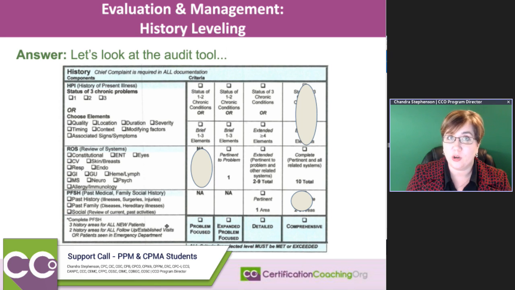And again, refer to your carrier rule to make sure that that's what the carrier allows, but that's what most of them do. They say base it on your exam and your medical decision making, and we'll give you a pass on the history because the patient's unconscious and can't provide any of that information to you. Yep, you're good.